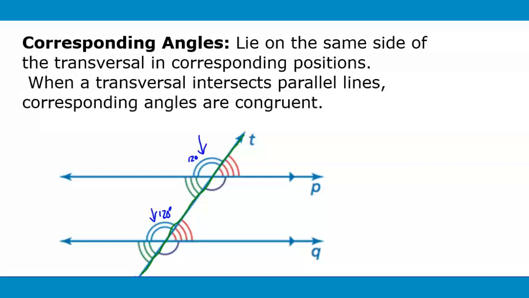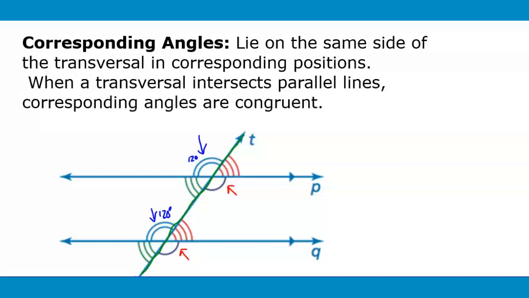There are other corresponding angles here as well. So if we look at this pair of purple ones here, this one here, and this one here, they both lie to the right of the transversal and below the parallel lines. The top one's below the top parallel line, the bottom one's below the bottom parallel line.